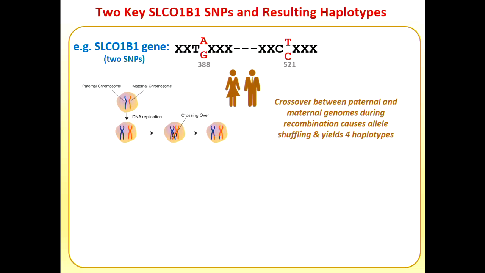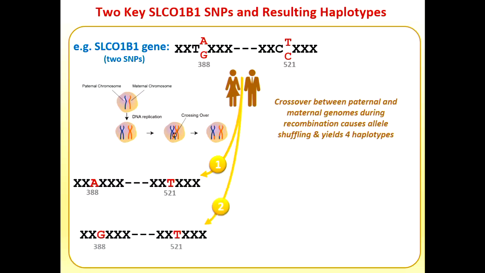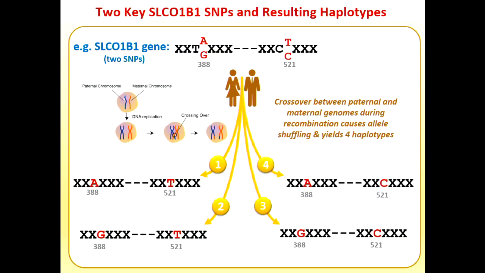And so what happens in this case, we get this allelic shuffling, and there are basically four significant haplotypes due to shuffling of these two alleles, one at position 388 in the gene, where there are two purine variant forms, adenine and guanine, and then at position 521 there's a thymidine and cytosine variant. Okay, so there are four different possibilities here due to recombination during sexual reproduction.